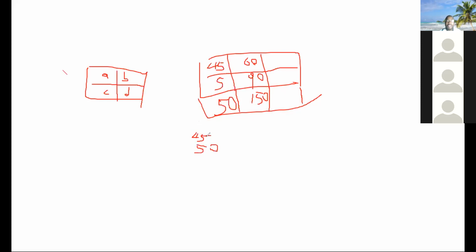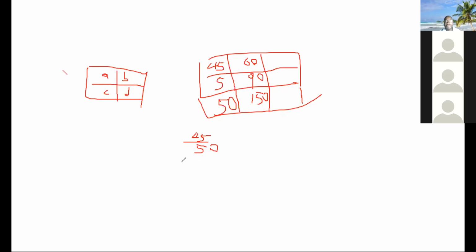But if you say, what is the odds of smoking? I want you to get it from first principle. The odds of smoking will now be 45 over 50 divided by 1 minus 45 over 50.